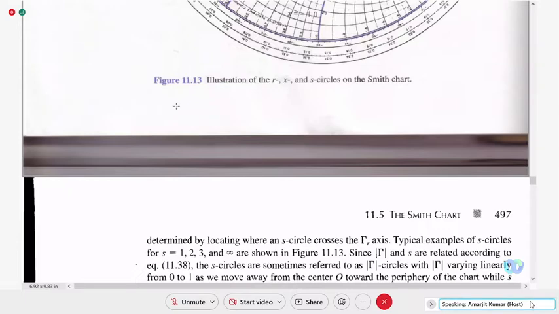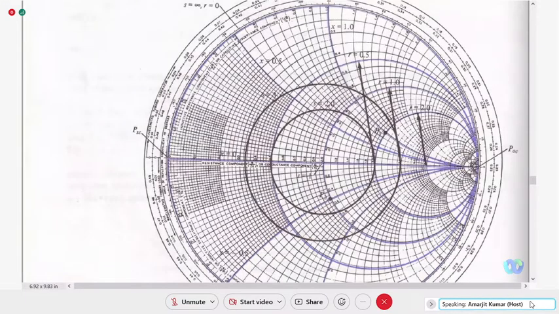So clockwise movement means you are moving toward the generator. Counterclockwise movement means you are moving toward the load. Moving toward the generator means moving away from the load.